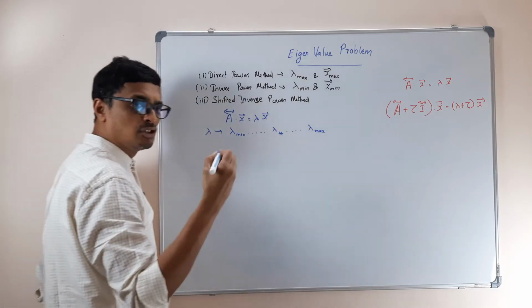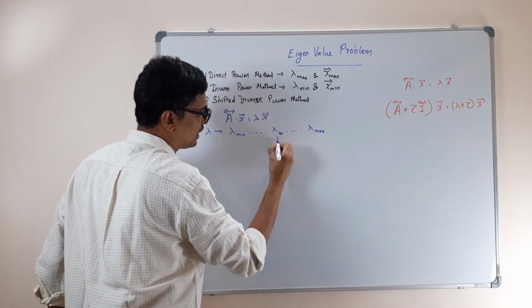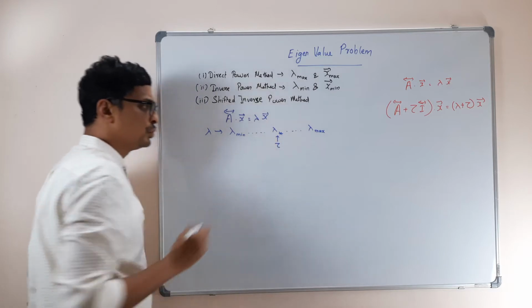Now let me assume some number, tau, which is close to λ star.